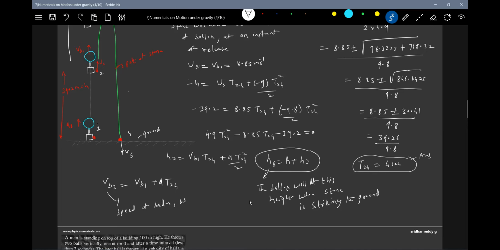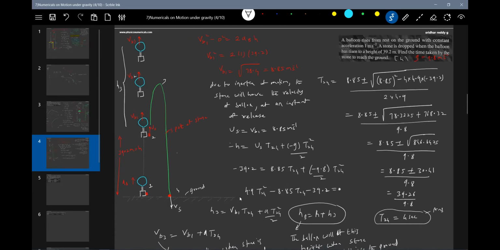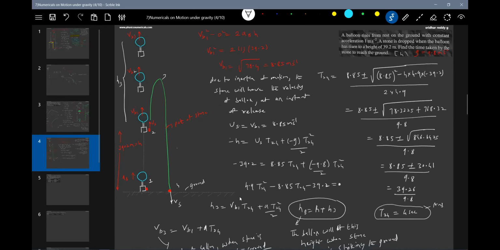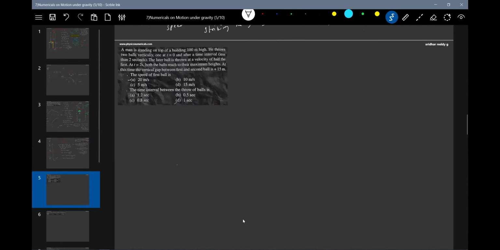Speed of the balloon when the stone is striking the ground. Like this is what the numericals you may encounter. Let me go for the next one.